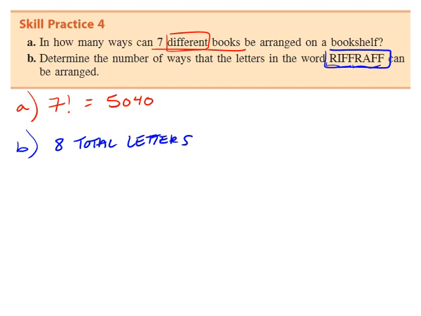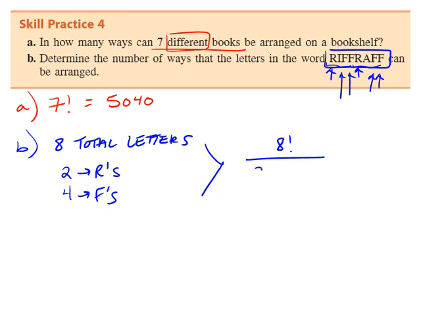So there are some non-distinguishable items. In fact, there are 2 R's and there are 4 F's. The others don't repeat. So what I need to do is take all of this information. I have 8 factorial over, and then I put the repeats down here. When you solve this, you should get 840.